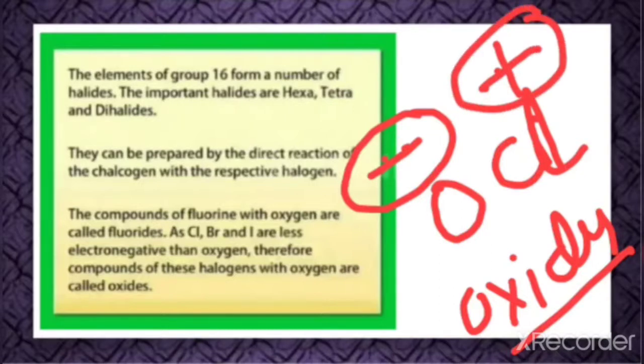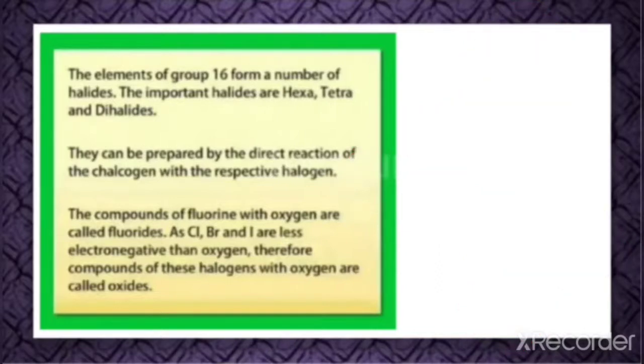So in such compounds, these are called oxides, because oxygen is developing the negative oxidation state. It is quite an important question why the compounds of fluorine with oxygen are called fluorides, but the compounds of chlorine, bromine or iodine with oxygen are called oxides. So this is the reason for this.